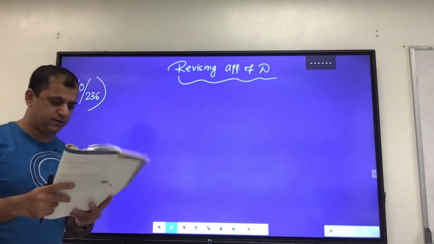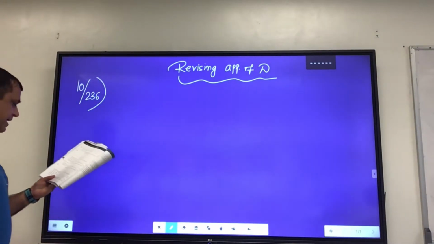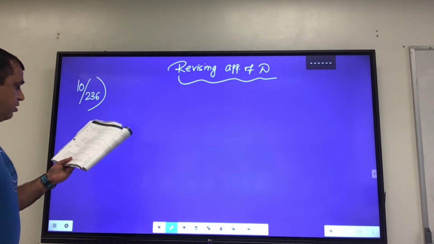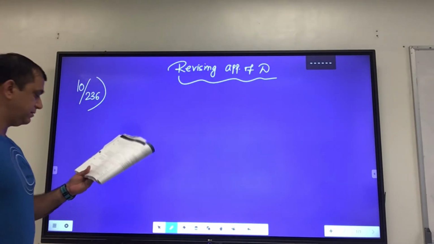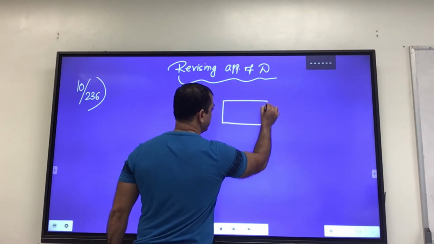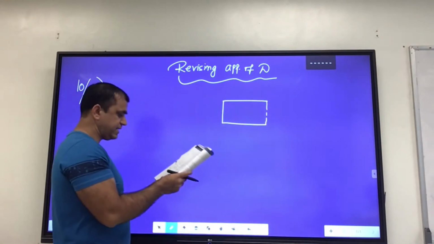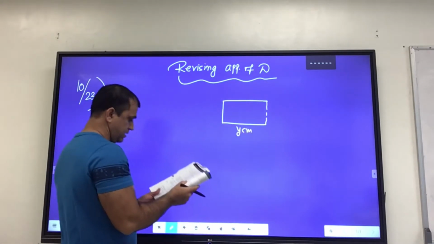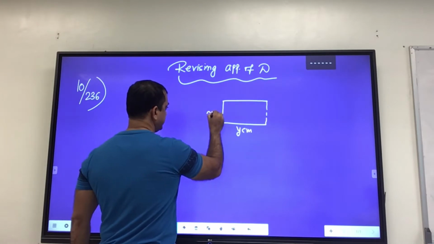In this question, we are given a diagram. I'll make a sketch of that diagram. We have a rectangle along with a quarter of a circle. So, we have a rectangle here. This rectangle length is y centimeter and width is x centimeter.